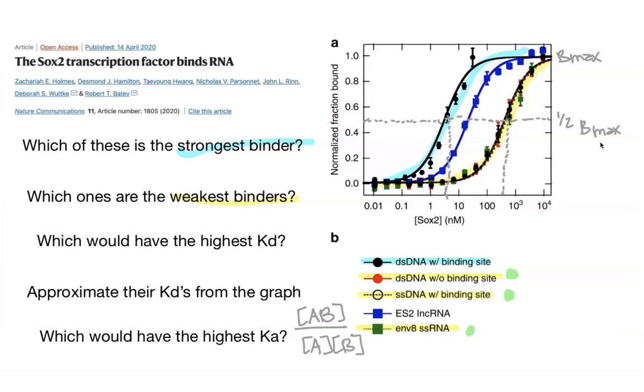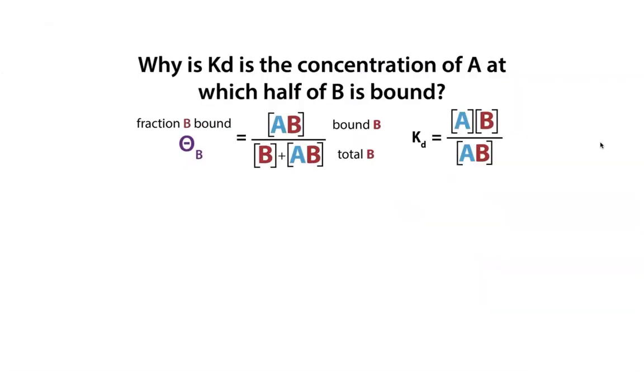So if we have a lower Kd, we're going to have a higher Ka. And if we have a higher Ka, we're going to have a lower Kd. So once again, the highest Ka is going to be our double-stranded DNA binding site.